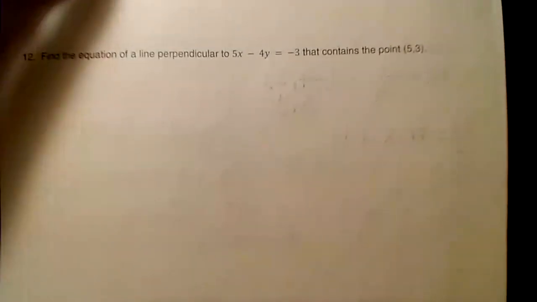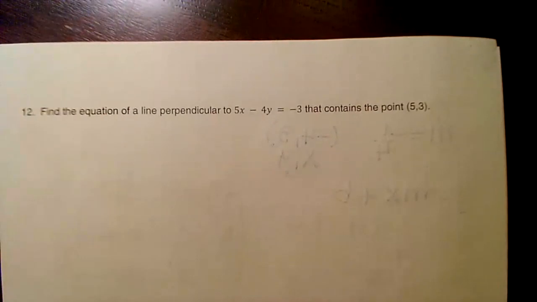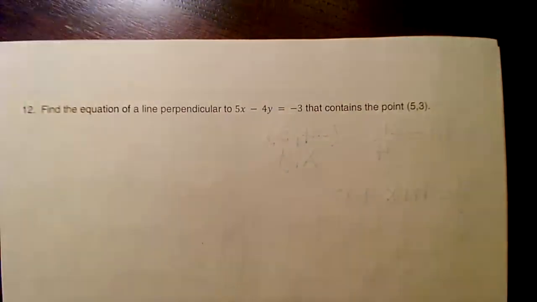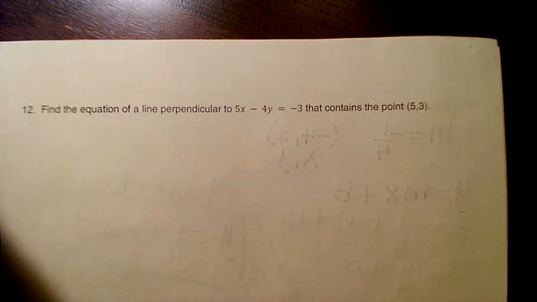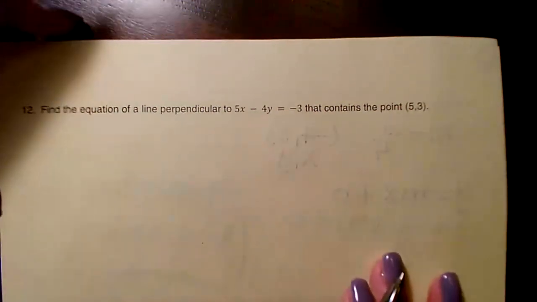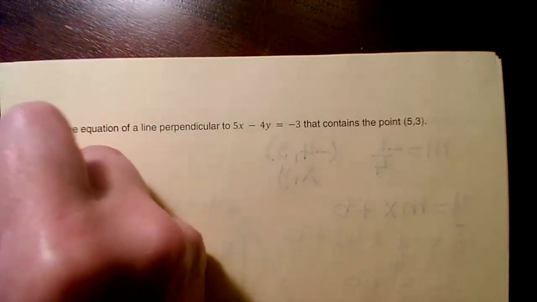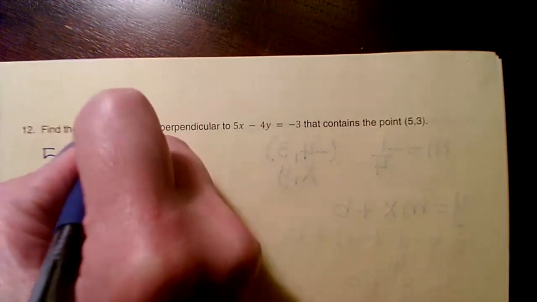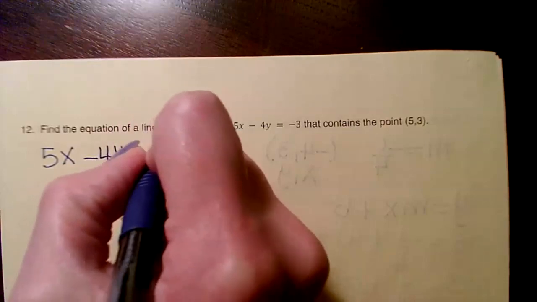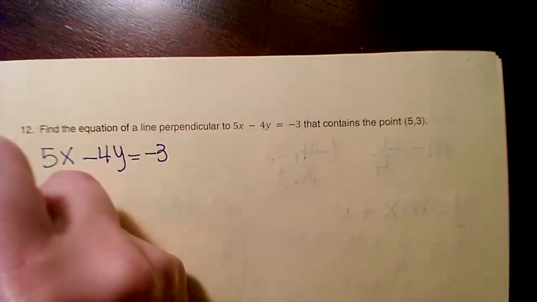Now, this one is exactly the same as the one that we just did. Let's do it. So it says find the equation of the line perpendicular. So put 5x minus 4y equals negative 3.